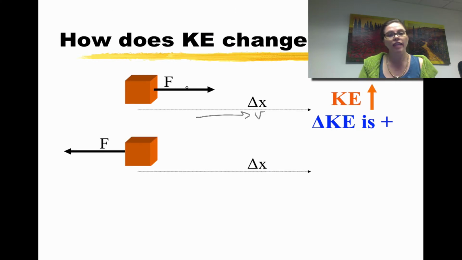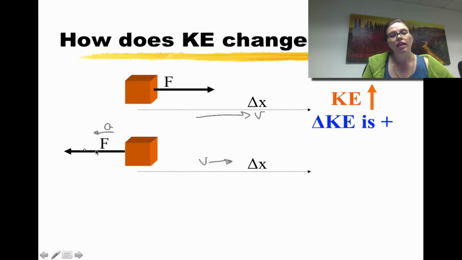Okay, so now we have this box and it's still going to the right, but now we have a force going to the left. So if this is also the way of the net force, which is the total outside force, which is what we want to consider right now, the acceleration is in the same direction as our net force, and the velocity is in the same direction as the direction of motion.